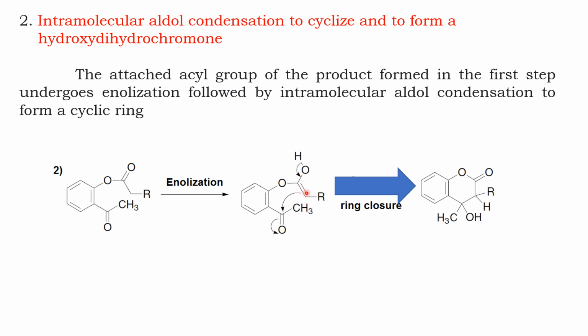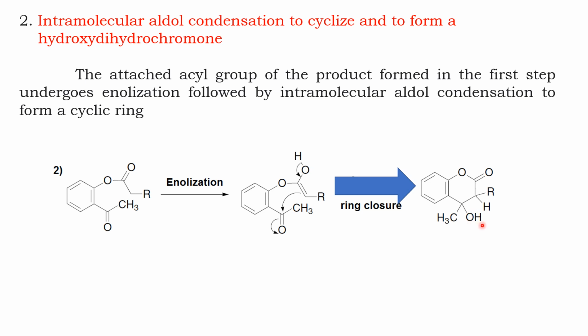That enolate anion attacks the carbonyl carbon atom of the second molecule. Here it is intra, the same molecule. So this enolate ion attacks the carbonyl carbon atom present in the benzene ring. So a ring closure reaction occurs. See here, so we get a ring here.